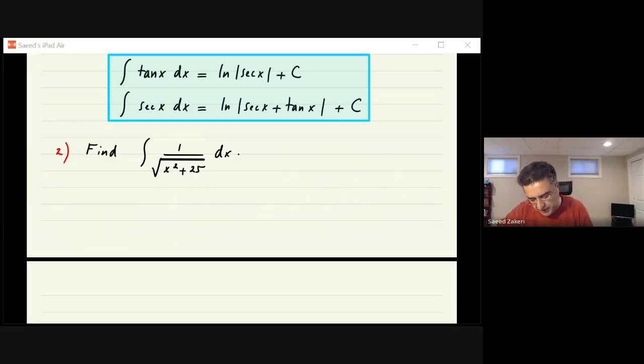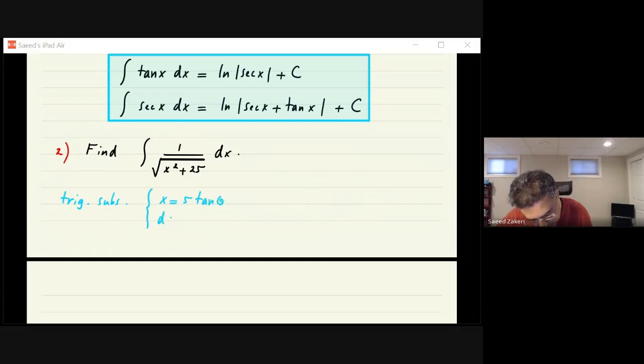And that method is the trigonometric substitution. What the heck is that? I'm going to call x equal to 5 tangent of theta.